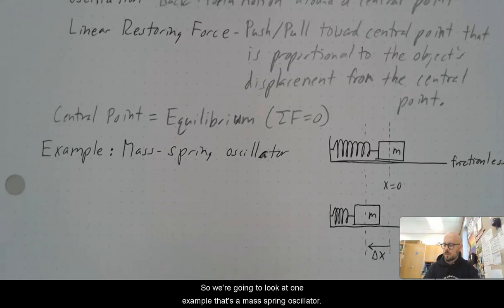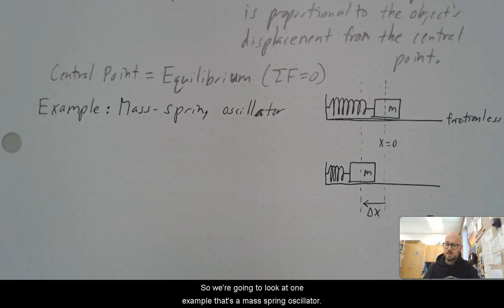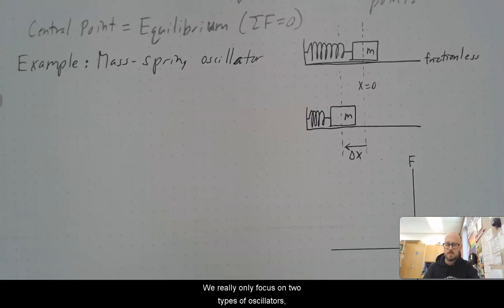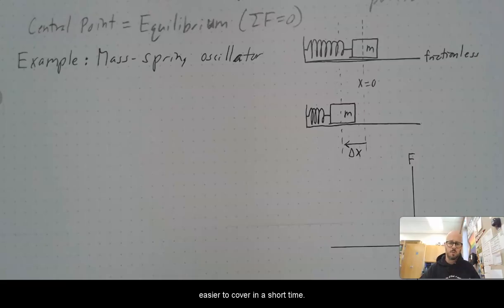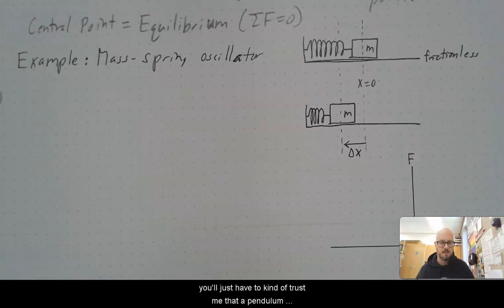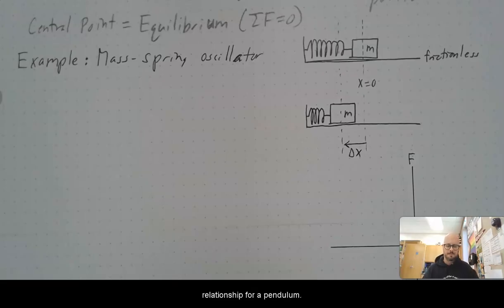So we're going to look at one example. That's a mass spring oscillator. We really only focus on two types of oscillators, a mass and a spring, and then a pendulum. And so the derivation or the mechanics of a spring is easier to cover in a short time. So I'm going to focus on that one. And then for this curriculum in this course, you'll just have to kind of trust me that a pendulum works the same way. There are plenty of videos out there that derive this relationship for a pendulum.